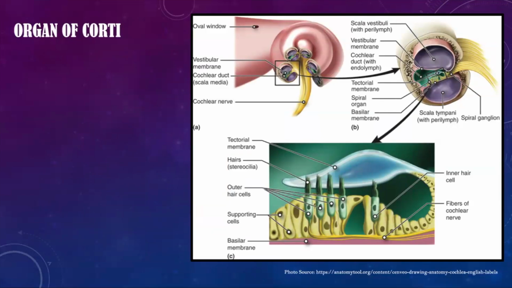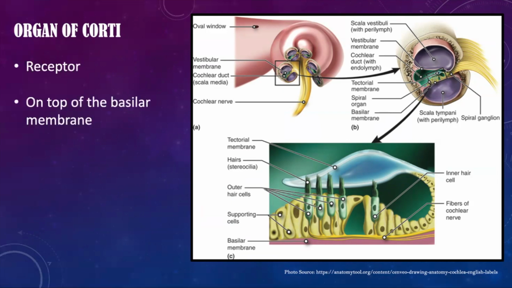So we have the organ of Corti, which you can see in these different images, first with the cochlea from far away, and as these images get larger, you're looking closer and closer at the organ of Corti. The organ of Corti is the main receptor for hearing. It lies on top of the basilar membrane, which I'll show you right there.